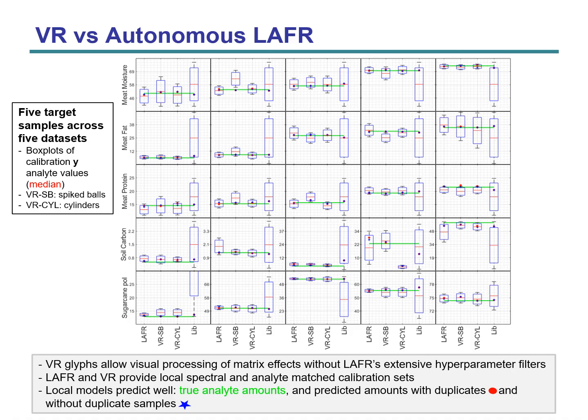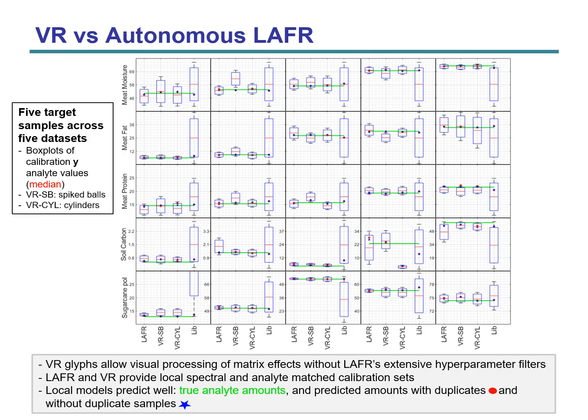In our paper we submitted, we did 4 different data set situations, with 5 target samples per set. Actually the first 3 rows here are one data set, but 3 different analytes. And you can see that we do as good or slightly better than LAFER without having to go through the extensive hyperparameter filters that LAFER has, and you just do as in the video.